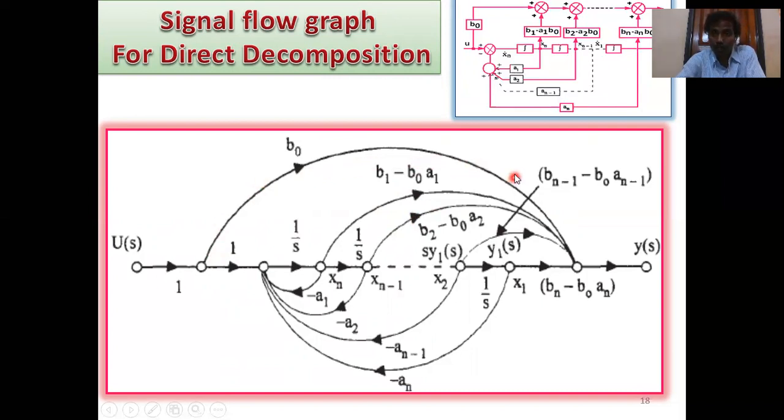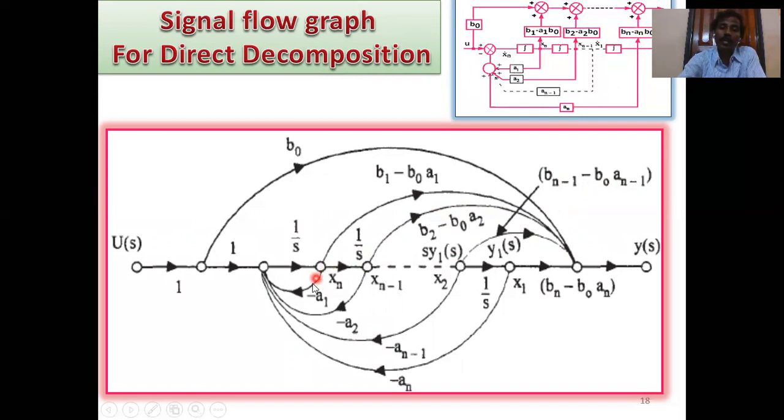This is the b0 path from u to y of t, and the second path is b1 minus b0 into a1. This is the second path, and this is the b2 minus b0 into a2, the third path, and finally bn minus b0 into an. This is the x1 coefficient path.